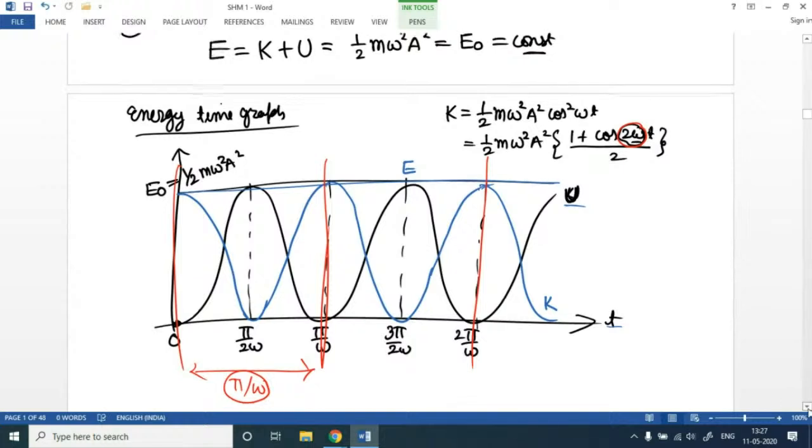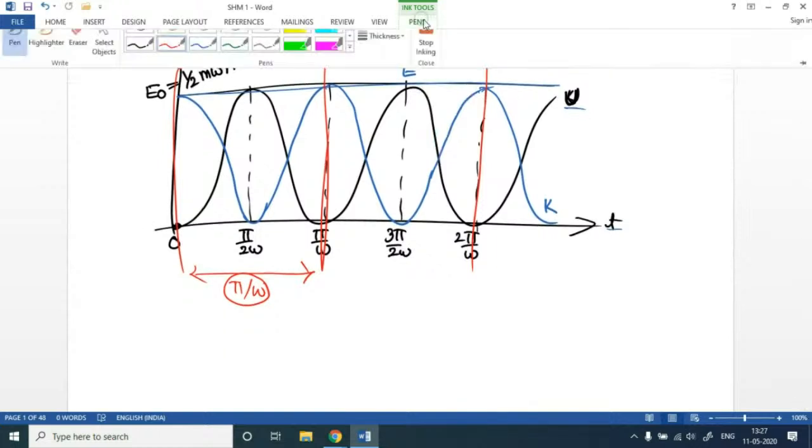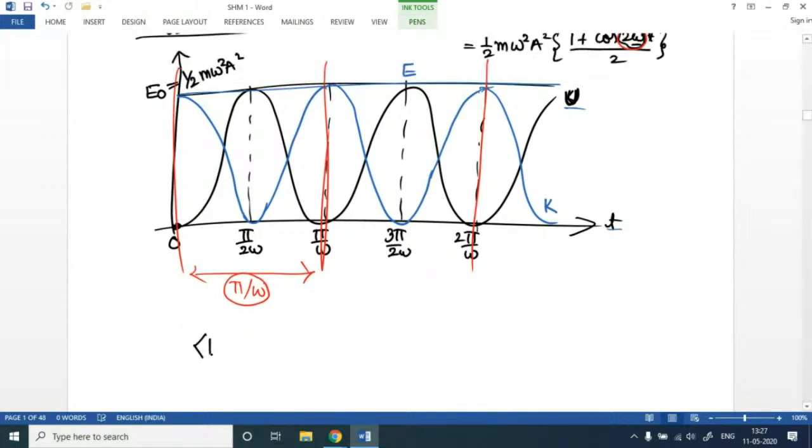Okay, and also you can find out, for example, the average kinetic energy for a period, or the average potential energy for a period as well. So that would be nothing but half m omega square A square.